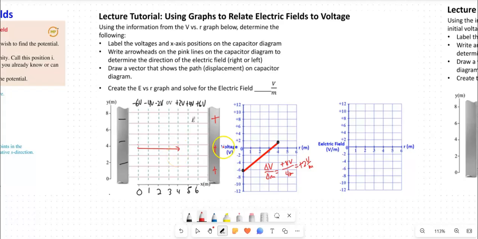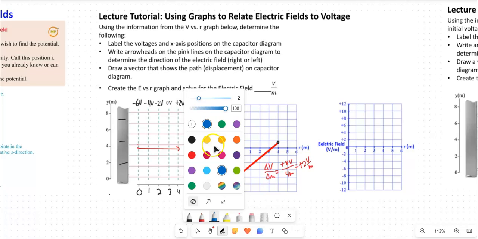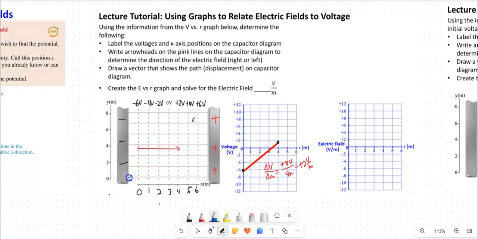All right. Now, you'll notice, even though the path is taken this way, we know the rule: the electric field has to point away from the positives and towards the negatives. That means the electric field lines need to be pointing to the left, everywhere. But we've basically calculated this to be a positive voltage change.